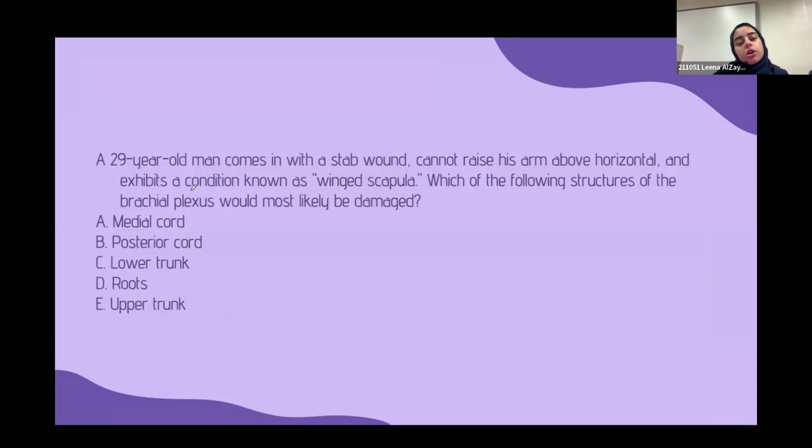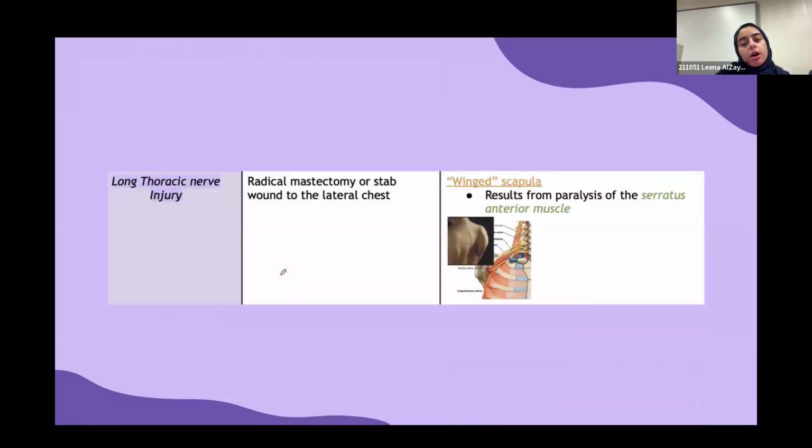A 29-year-old comes with a stab wound, cannot raise her arm above the horizontal, and would have a winged scapula. Which structure of the brachial plexus was most likely injured? Exactly, it's the roots, because the long thoracic nerve is what's responsible for the serratus anterior muscle, which gives the winged scapula effect if it's paralyzed.